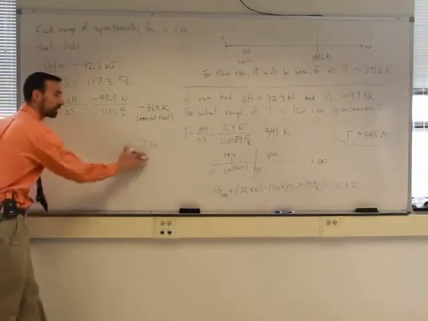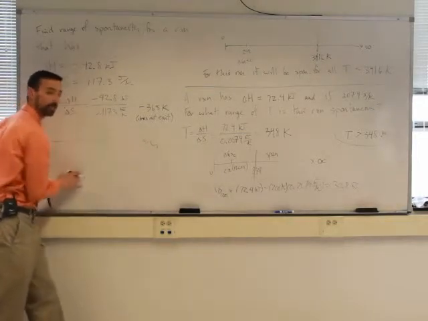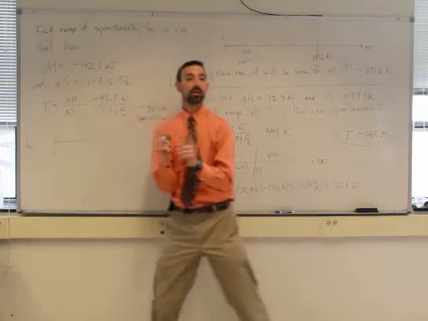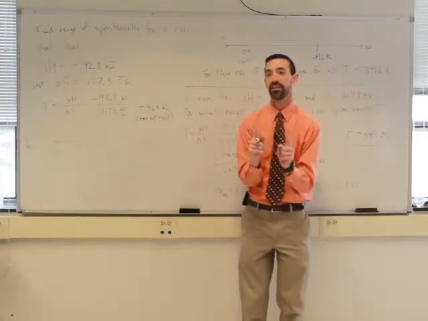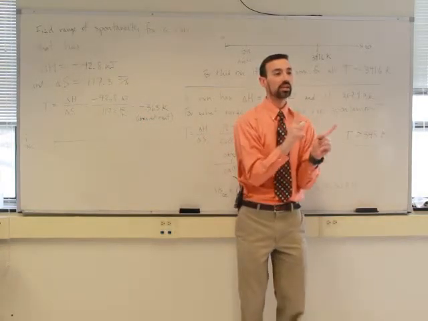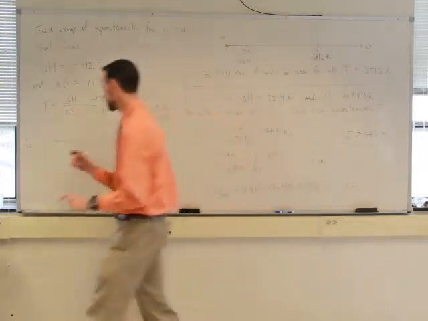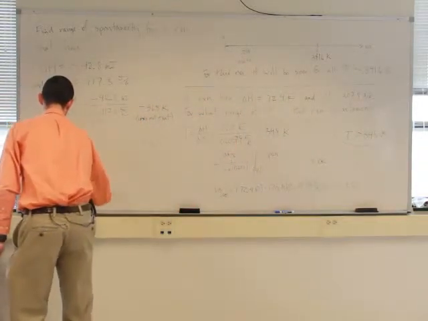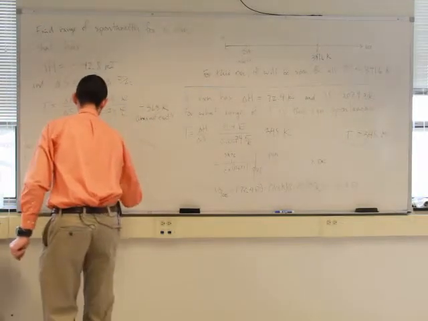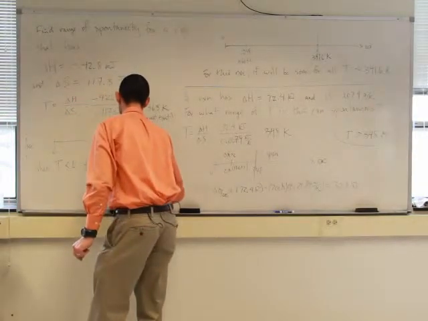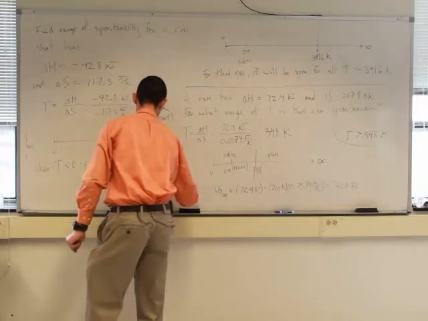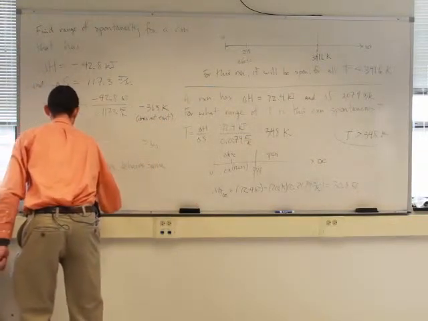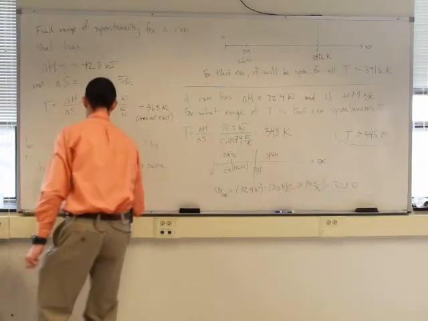So for all real temperatures, this reaction behaves the same way. I haven't said which way it behaves yet, but for all temperatures, it behaves the same way. That's the conclusion. When your transition temperature is less than 0, the reaction behaves the same way for all real temperatures.